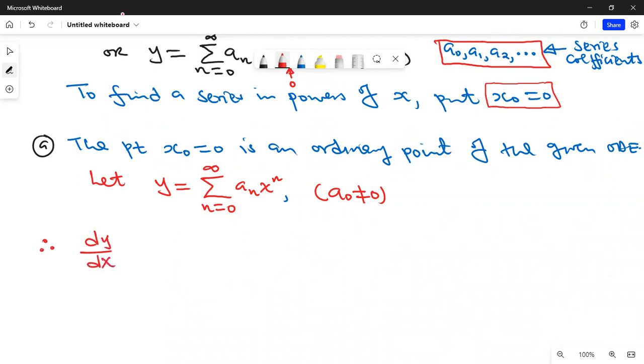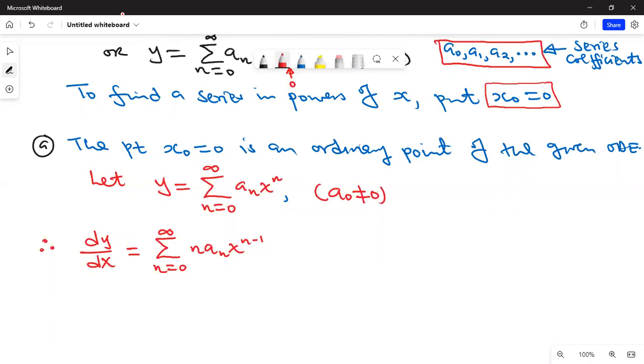It is the sum from n equals 0 to infinity of n a subscript n times x raised to n minus 1. I've used the power rule to differentiate x raised to n. An is a constant.